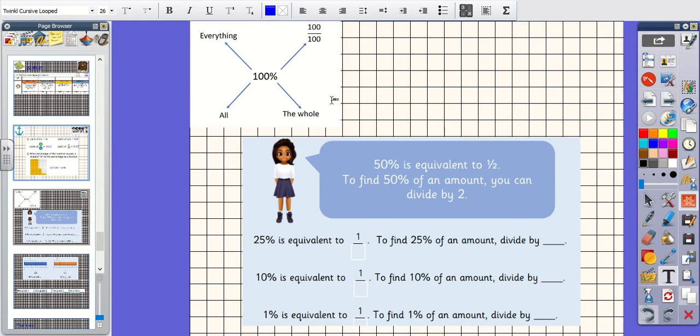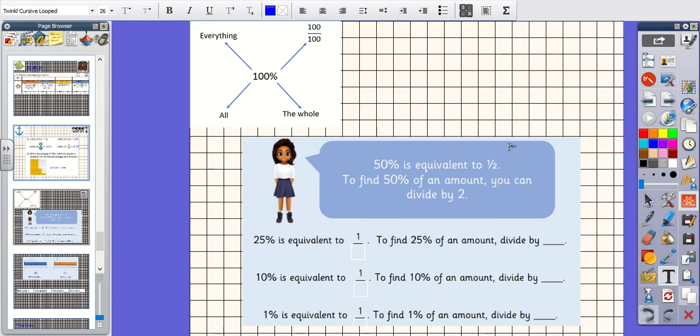Okay then, so as I just said in the previous slide, 100% is everything. It can be seen as 100 out of 100, it can be seen as the whole, and it also is all, okay? So, we have got 50% is equivalent to a half. To find 50% of an amount, you can divide by 2, okay?